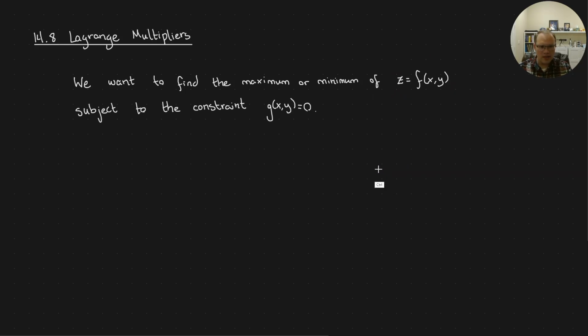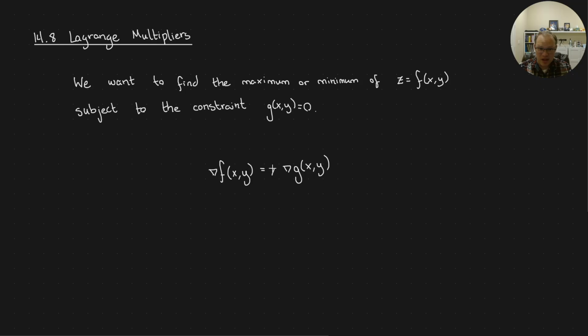So the gradient of this at whatever point our maximum or minimum is at should be pointing the same direction as the gradient of the function of our constraint equation. Okay, now they don't have to be the same length. These two vectors don't have to be the same length, but they should be pointing the same direction, which means they should be scalar multiples of each other.